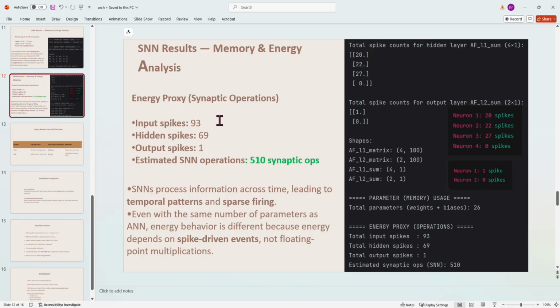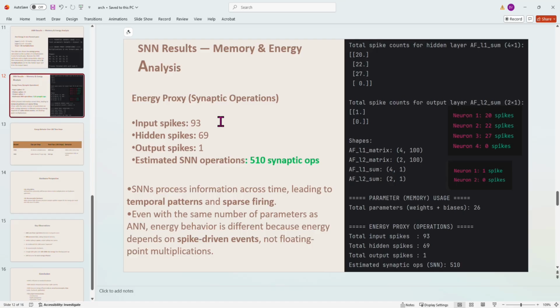Output layer has 2 neurons. Over time, spikes activate only when voltage reaches the threshold. So SNN has the same number of parameters as ANN. The energy cost is extremely different because it only uses energy when spikes occur. It's not continuous as compared to the ANN.